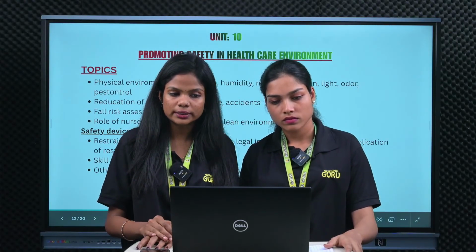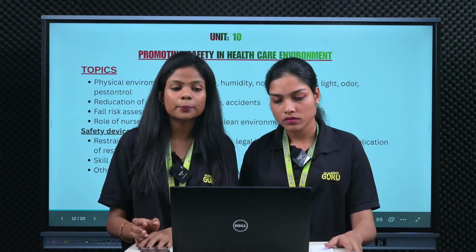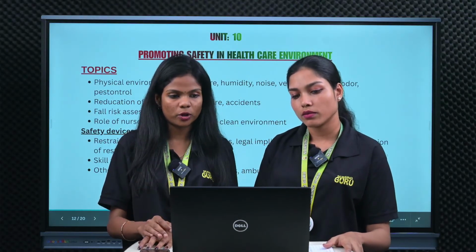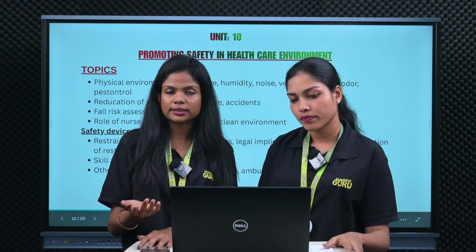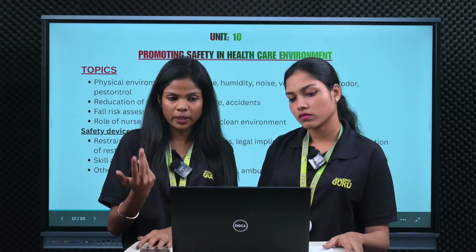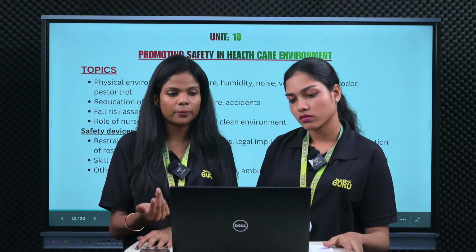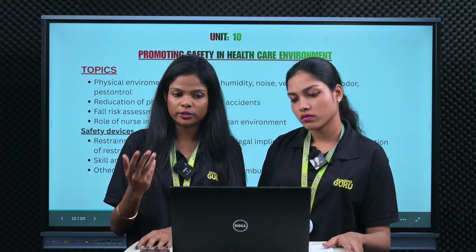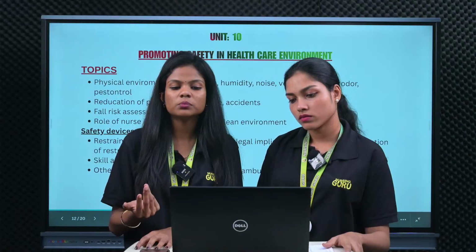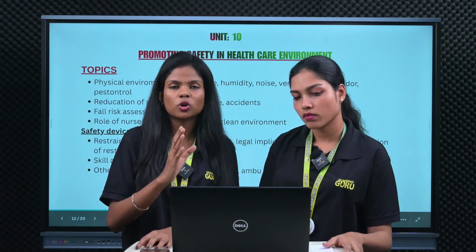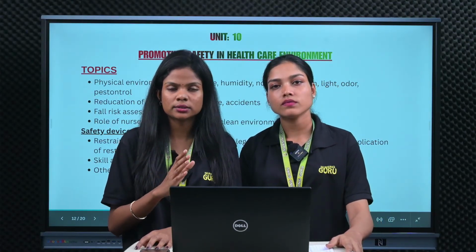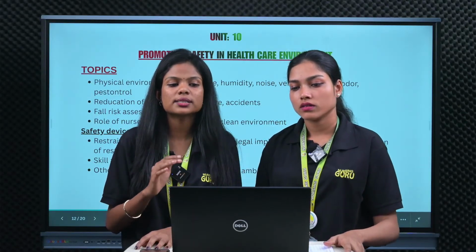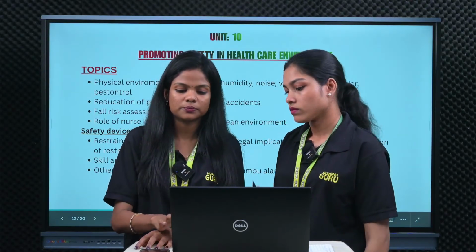Then fall risk assessment, role of nurses in providing a safe and clean environment. And we are studying safety devices like restraints: their types, purposes, indications and all. Then skill and practice guidelines, other safety devices like side rails, grabbers, bed alarms, non-skid slippers. These are the topics we are going to study in unit 10, promoting safety in healthcare environment.